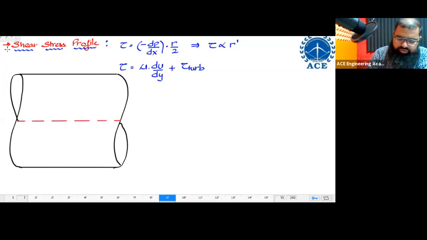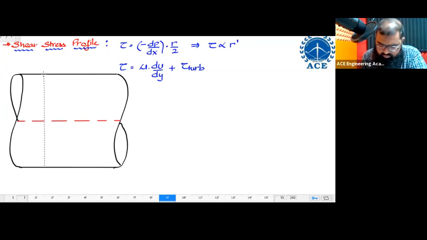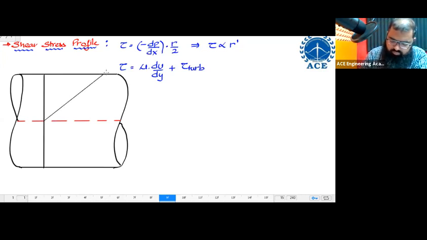If I look at the profile of shear stress at any section, it is going to be linear like this.